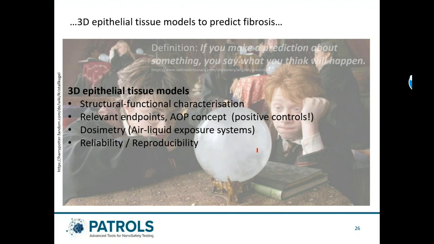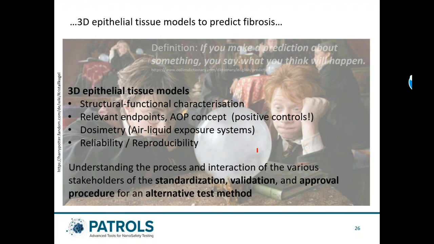We need the dosimetry aspect, which you have heard much more from Ottmar Schmid. And of course, we need to show that it's not only reproducible and usable in one lab, but that you can also transfer the know-how to other labs, so that they can reproduce it. And this is very important then also for the standardization and approval procedure for alternative test models.